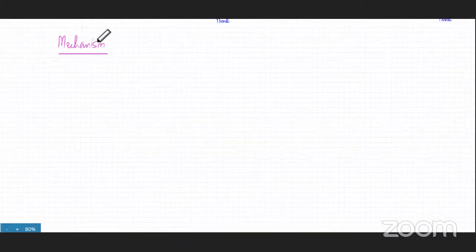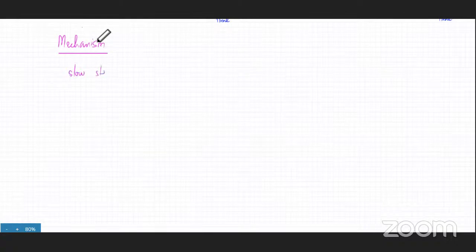Now remember, slow step is the rate determining step. So that's your rate determining step.